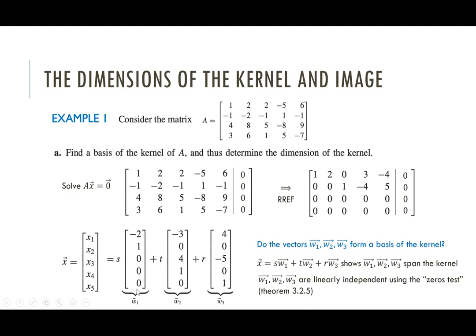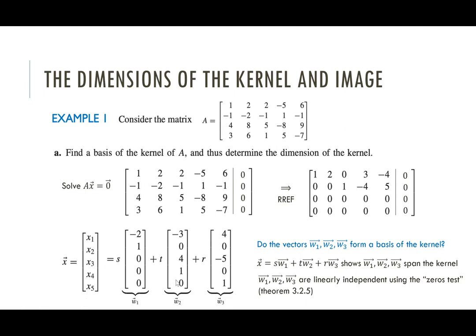It doesn't matter what s and t are, multiplying them by zero, you're not going to multiply and add together and get something that's not zero. So the zeros test is if you've got a non-zero number in one and zeros in the other vectors, then this vector is independent from these two.